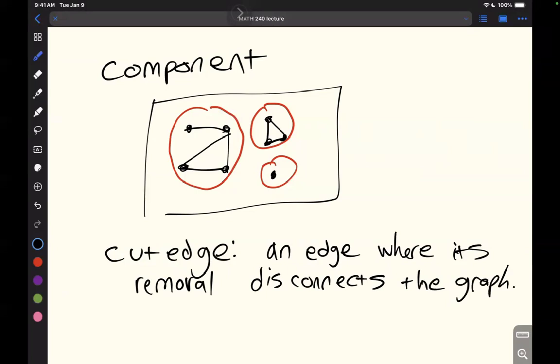There is a cut edge in this component. Right, so it's this one. If we remove it, then A is off by itself. So that edge between A and B is a cut edge.